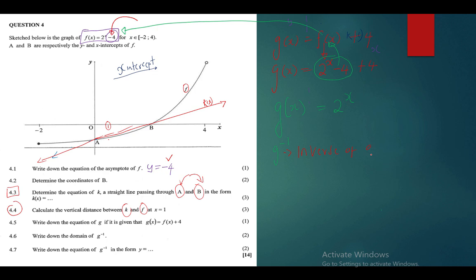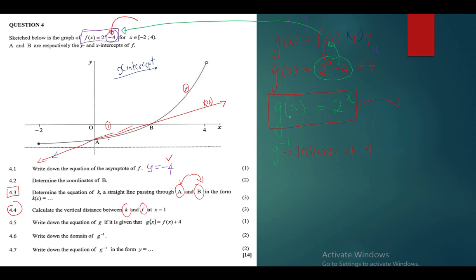So they want us to write down the domain of the inverse of g, not the domain of g. Your function g is g of x equals 2 to the exponent x, but they don't want the domain of the function g. They want the domain of the inverse of g.